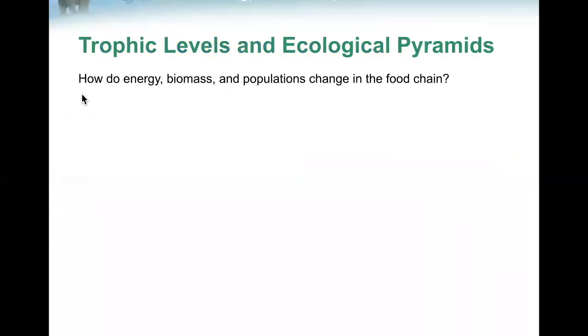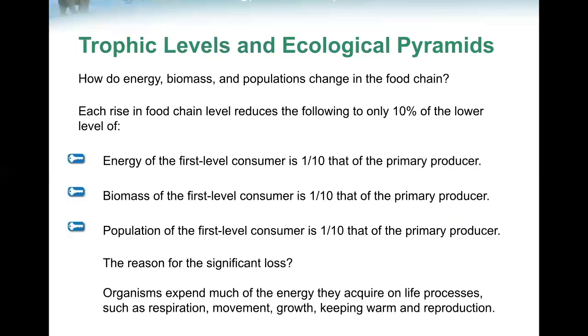How does energy, biomass, and population change in the food chain? Each rise in food chain level reduces the amount to only 10% of the lower level. So each time you move up the food chain, the amount you have is 1/10 what you had in the lower portion of the food chain. So energy in the first level consumers was 1/10 that of the primary producer.